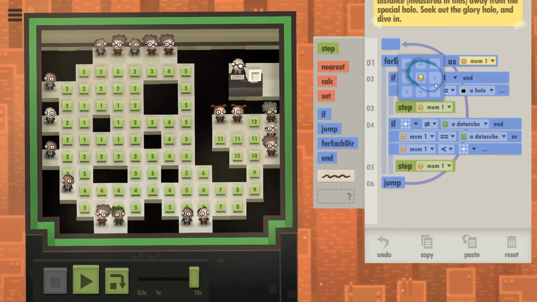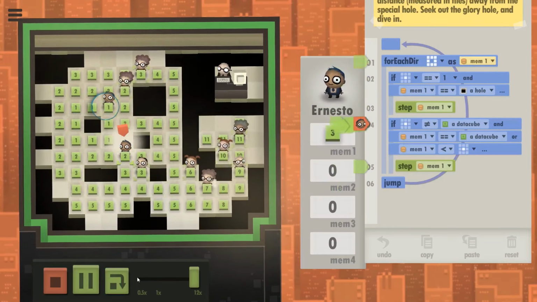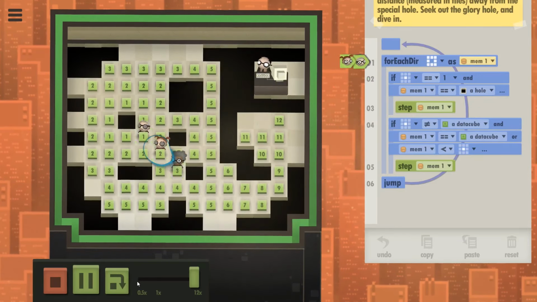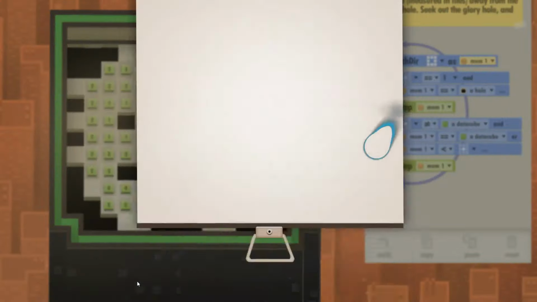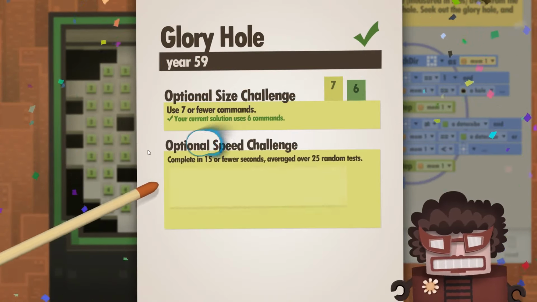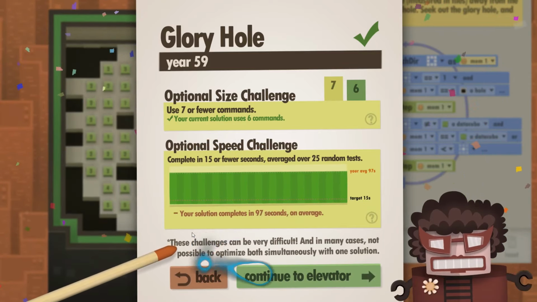Oh, shouldn't be my item. It's where I am. Okay. We got the commands. We are even one under. This took a lot longer, though.